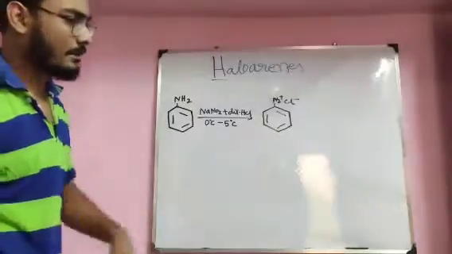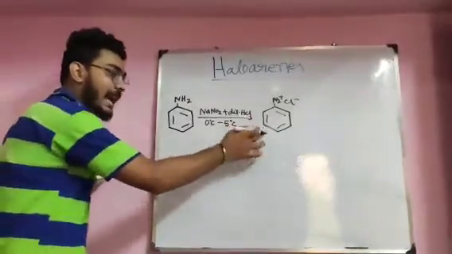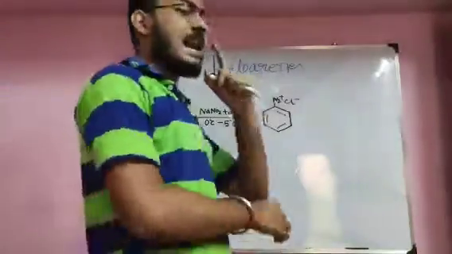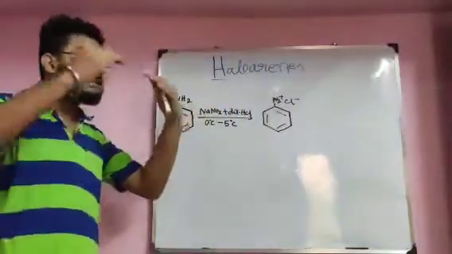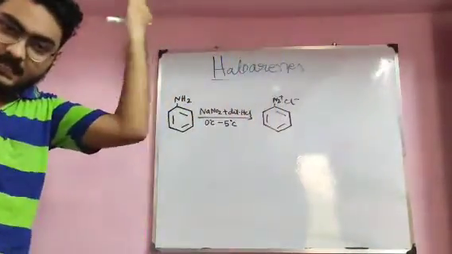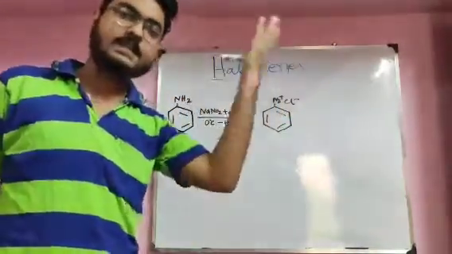The name of this compound is benzene diazonium chloride. Now from benzene diazonium chloride we can easily convert to chlorobenzene, bromobenzene, iodobenzene, fluorobenzene, etc.